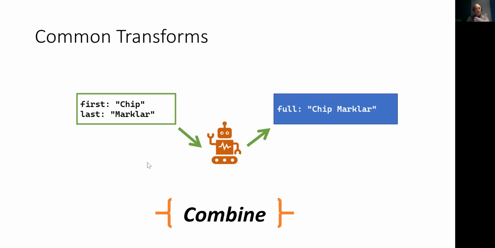Another one is to combine. And here, when I combine, before I showed the computation that took a quantity and a price and multiplied them, a common transform would be to do a combination, first name, last name into full name, things like that, where I want to stringify several fields into one in order, again, to have a uniform picture on my target so that I can present it or further process it in a uniform way, regardless of how the source formatted it.